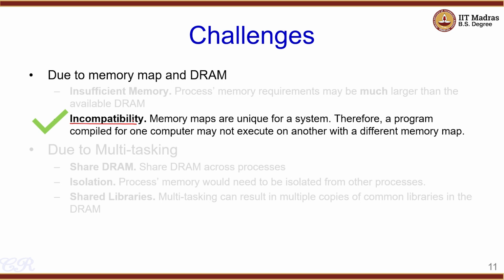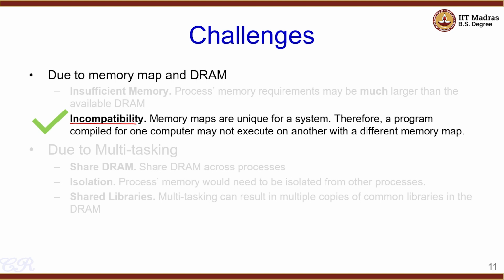The programmer writes the code and the compiler generates the code assuming that the entire region ranges from 0 to 2 power 32 minus 1. So, any program that is written and compiled would be in this range.